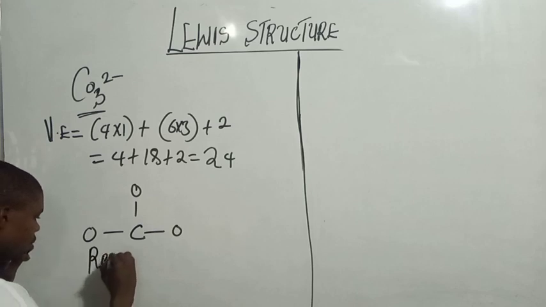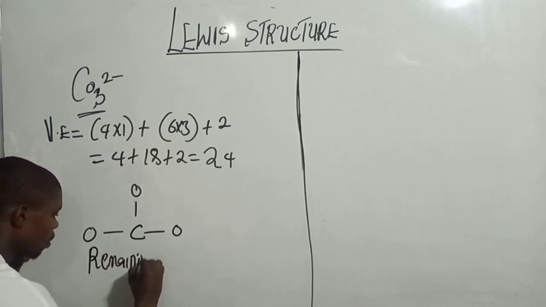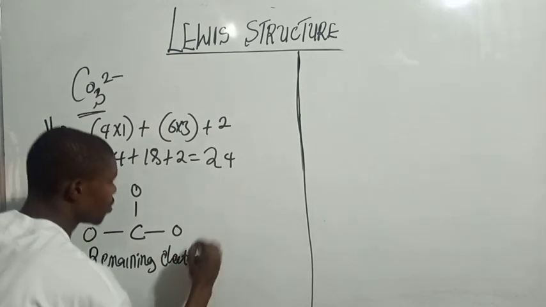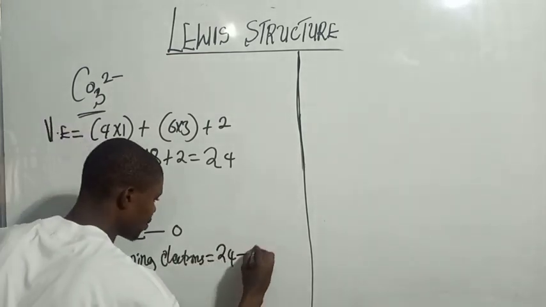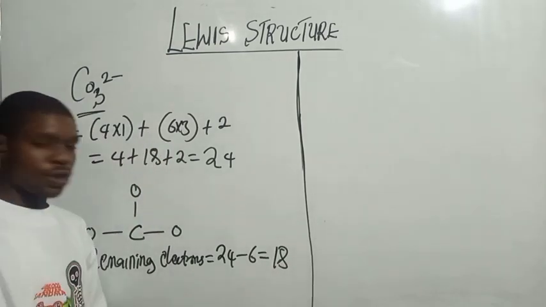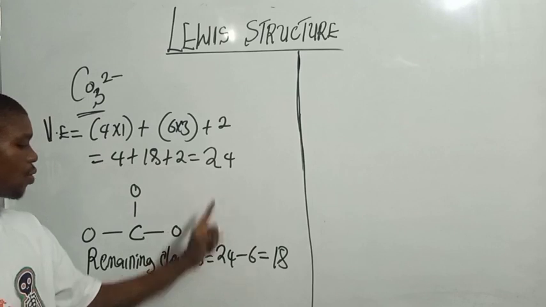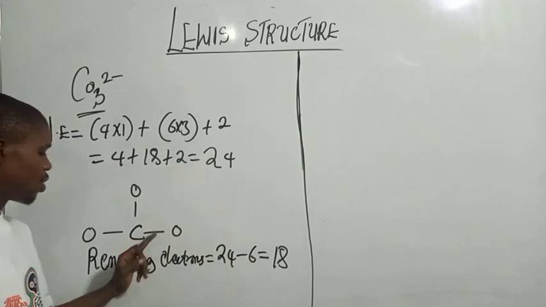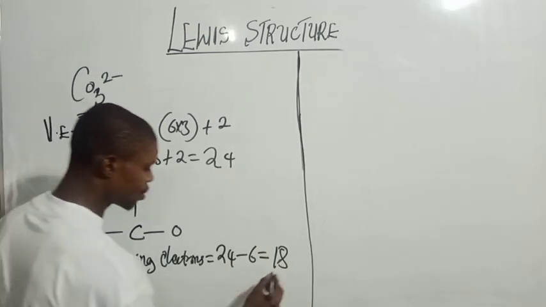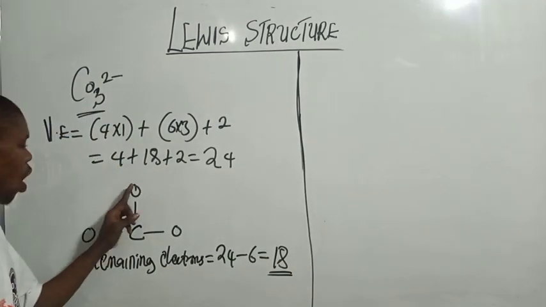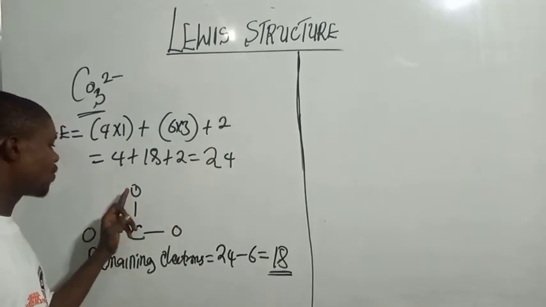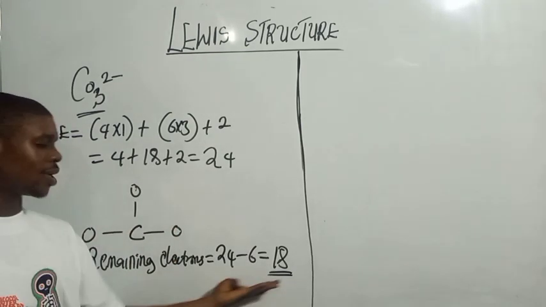So the remaining electrons equal 24 minus 6, which is 18. The reason we have six electrons here is that we have 3 bonds. Remember, oxygen must have an octet. So 6 go here, here, and here, that is 18 electrons.